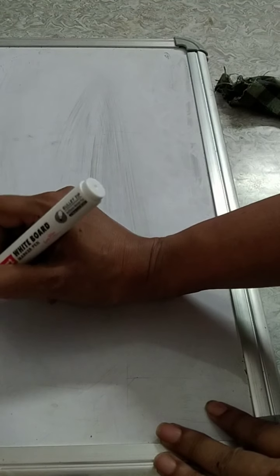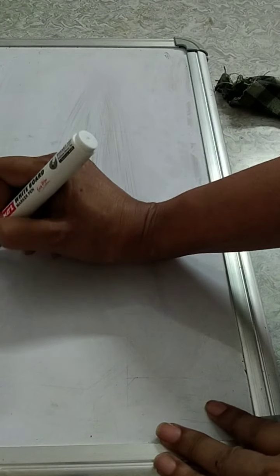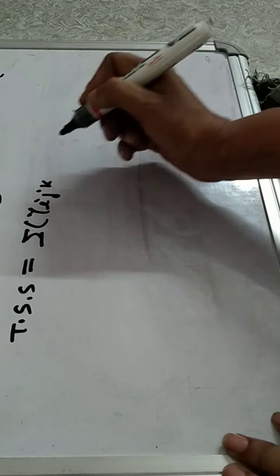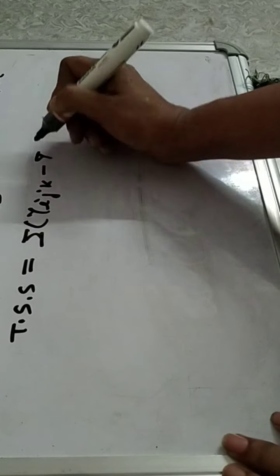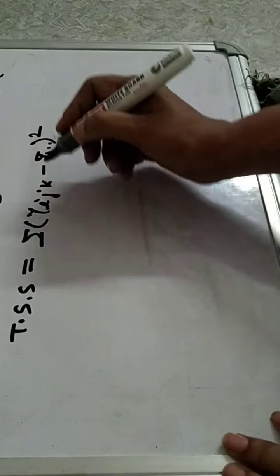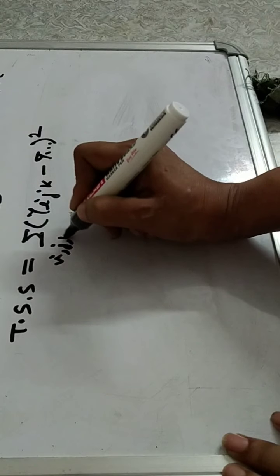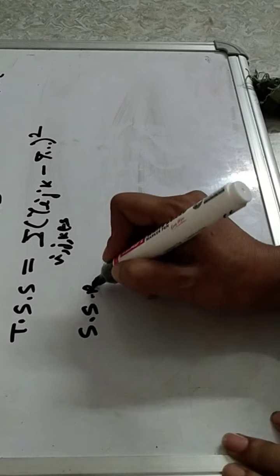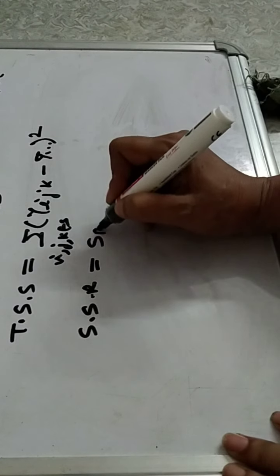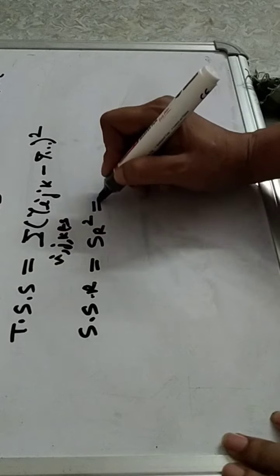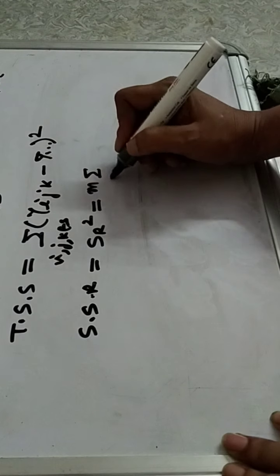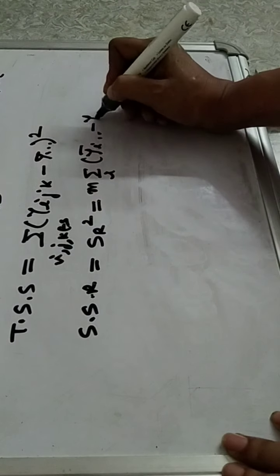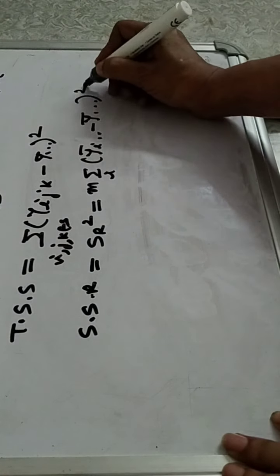I write simply here TSS is equal to summation yijk minus y bar triple dot whole square, ijk belongs to S. Then SSR, you write SR square, is equal to m into summation i y bar i dot dot minus y bar triple dot whole square.